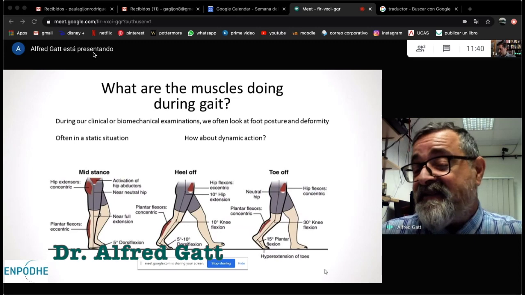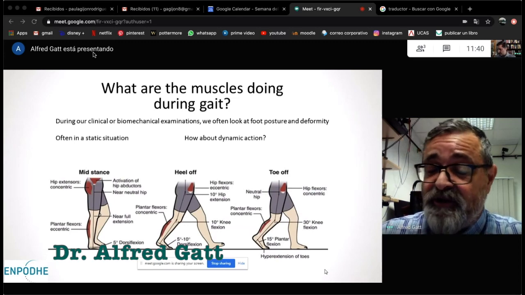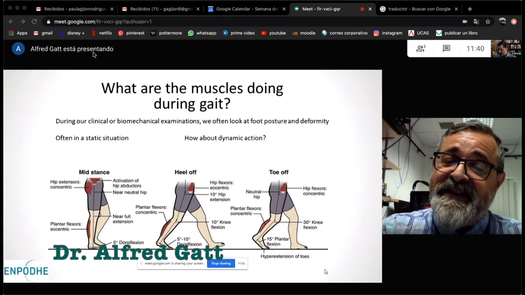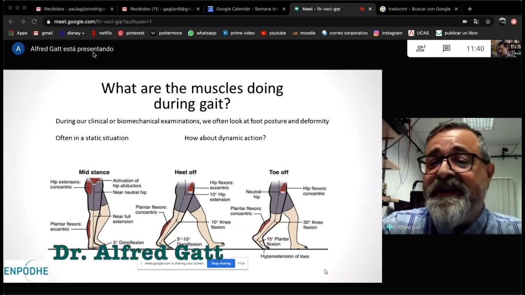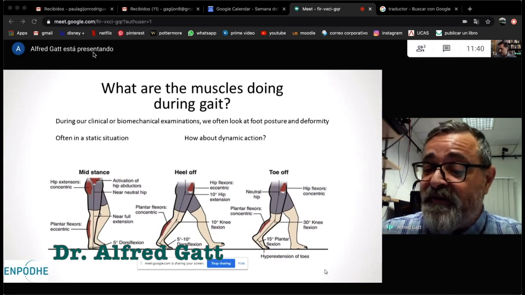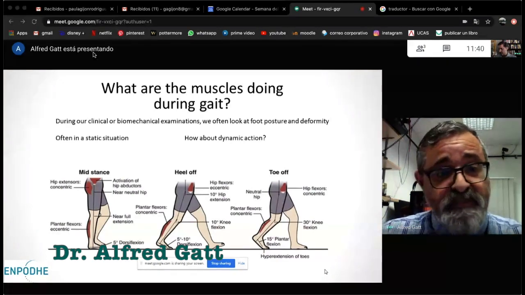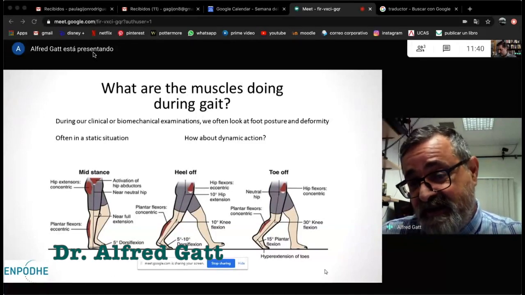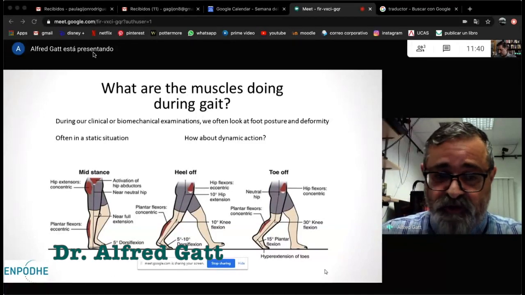And there has been a lot of scientific evidence that during static situations and during dynamic function, things can occur very, very differently in the open kinetic chain and closed kinetic chain situations that we refer to normally.